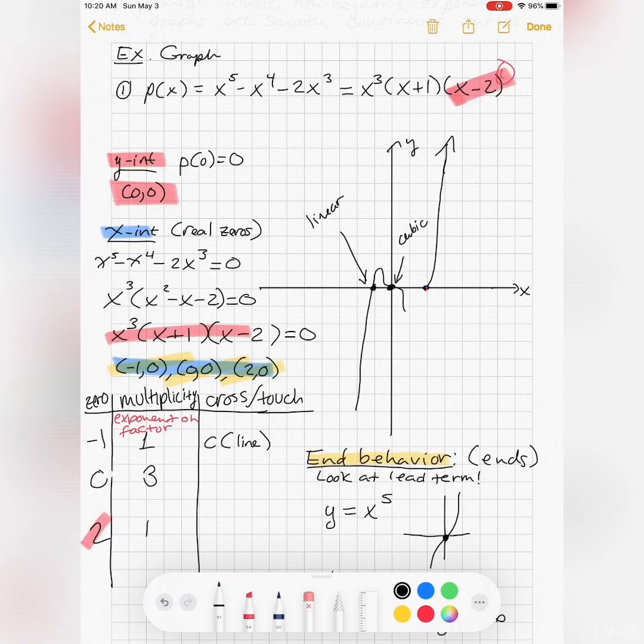Okay, so that's power 1. See, this guy crossed like a cubic, and this guy crossed like a line then. So what kind of multiplicity would we need to get a touch? We would need an even multiplicity. Okay, so we'll get to one like that. So this guy goes right on through like a line.